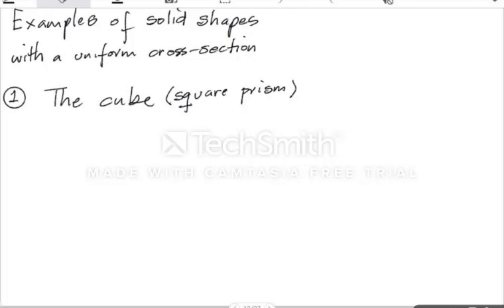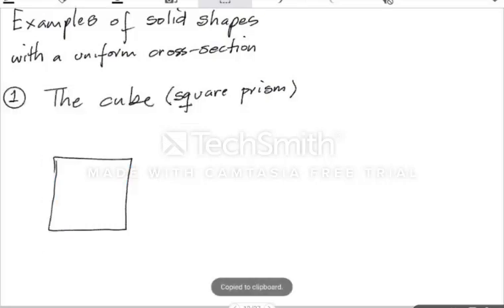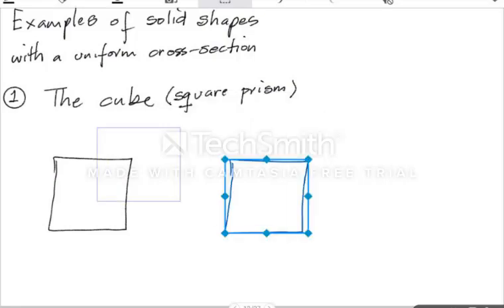If you're going to sketch a cube, the first thing you'll try to do is draw a square. Then you try and draw another square identical to that one. Let's copy this. I might be able to copy and paste, you might not be able to do that.